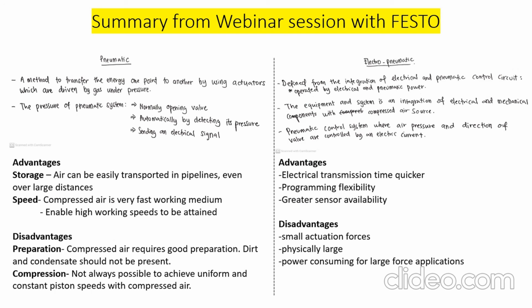So the advantages of using electro-pneumatics are quicker electrical transmission time, programming flexibility, and greater sensor availability. The disadvantages are that it has a small actuation force, is physically large, and is power consuming for large force applications.